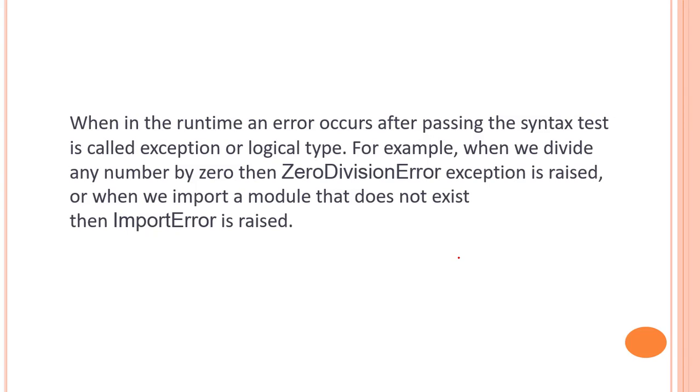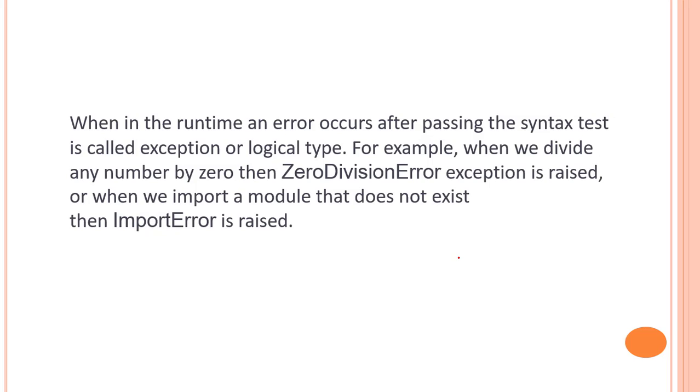It will give me a zero division error. Or if we try to import a module that does not exist, that will give me an import error. Whenever these types of runtime errors occur, Python creates an exception object. If not handled properly, it prints a traceback of that error along with some details about why that error occurred.